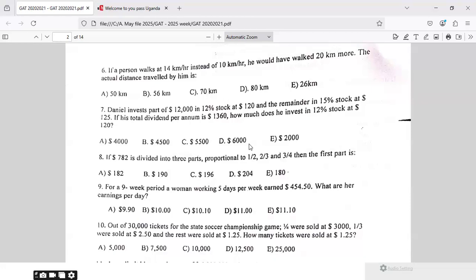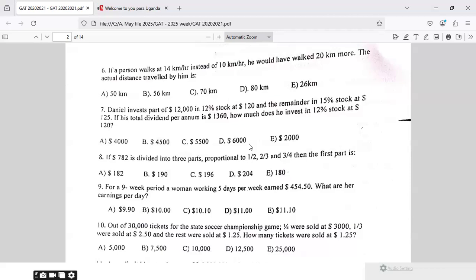Now, let's try to get some ideas on question 7. Question 7 says that Daniel invests part of $12,000 in 12% stock at 120. Then the remainder in 15% stock at 125.